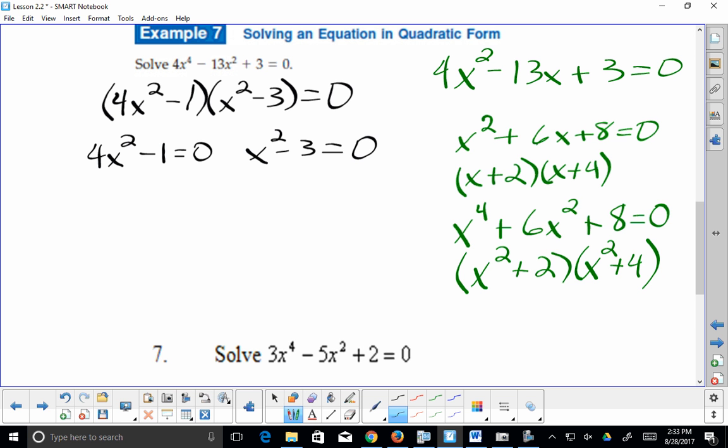So the big thing is just remembering that, right? So x here equals plus or minus 1/2, and here is going to be plus or minus the square root of 3. And quite often you're going to end up with a radical in your answers for those.